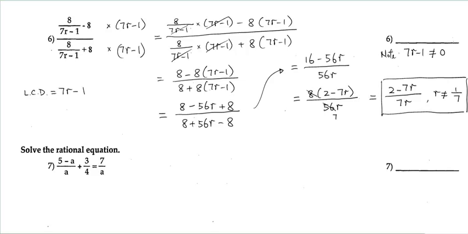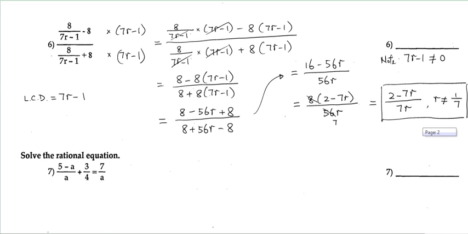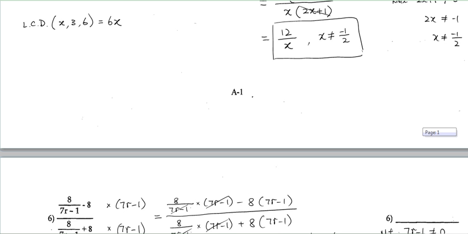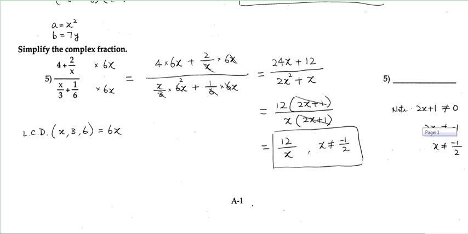Now, if you go back a little bit to the previous one, at some point we cancel out the x also, isn't it? If we cancel out the x over here, aren't we supposed to say x cannot be 0?